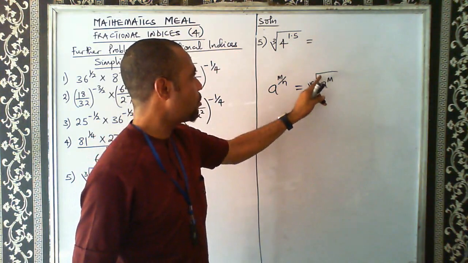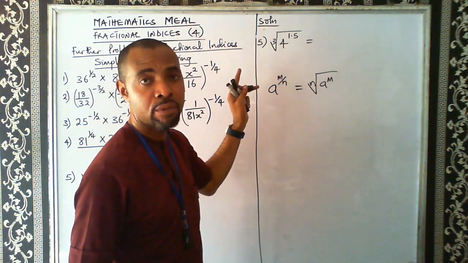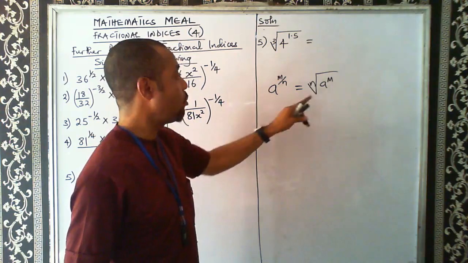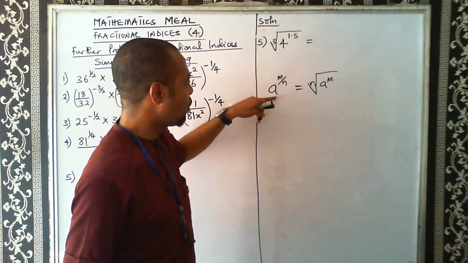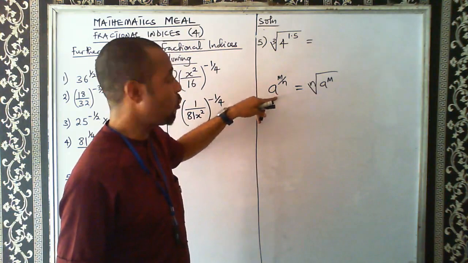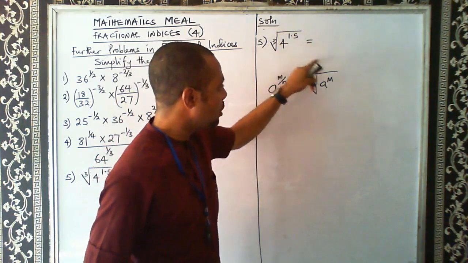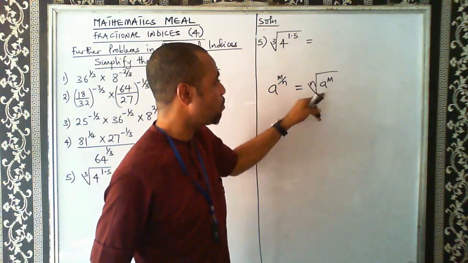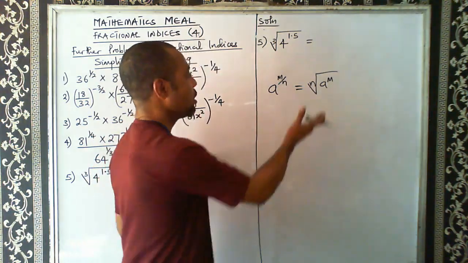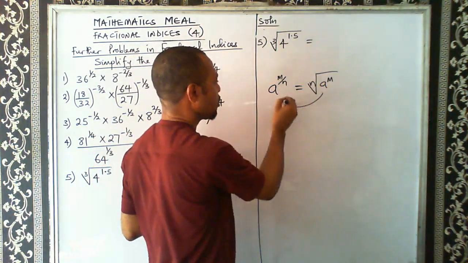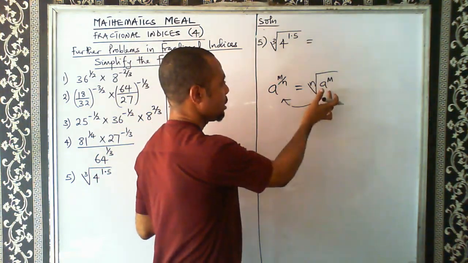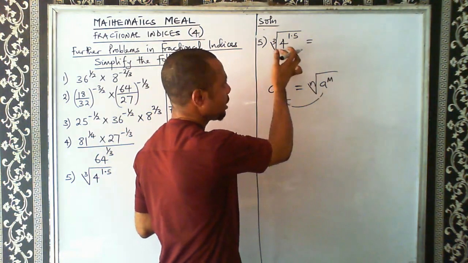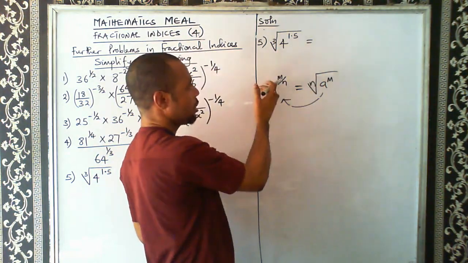Most of the questions we have been solving have been in this form, and we pull it from the fractional indices form to root power form. Now the question is in root power form, so let me return it to the fractional form.